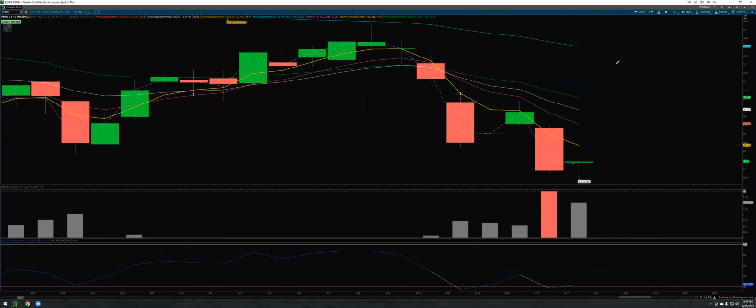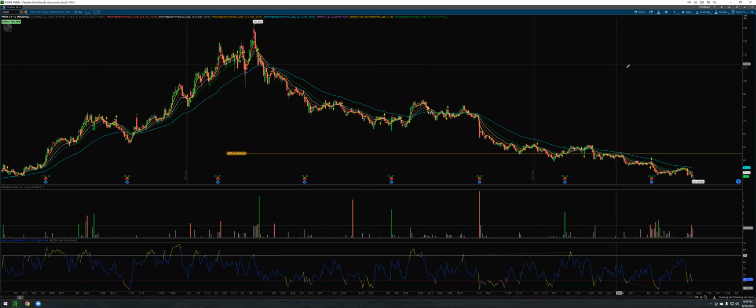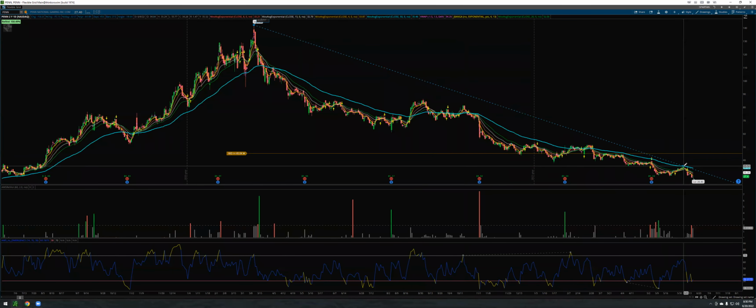Okay, so let's go to PEN here. Let's have this level here. This is the main downtrend.